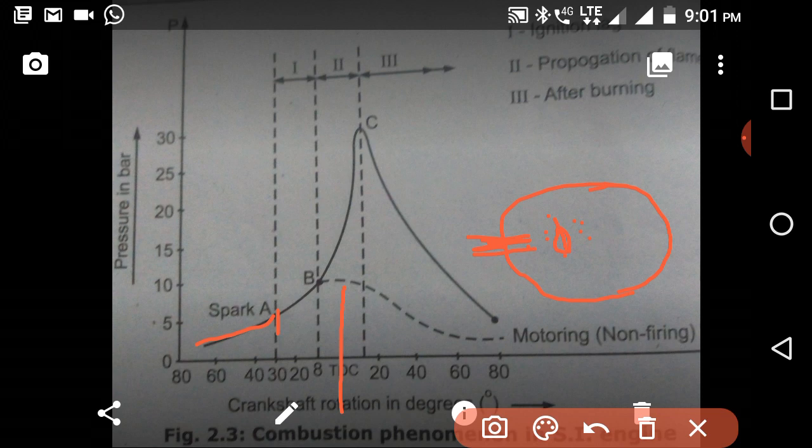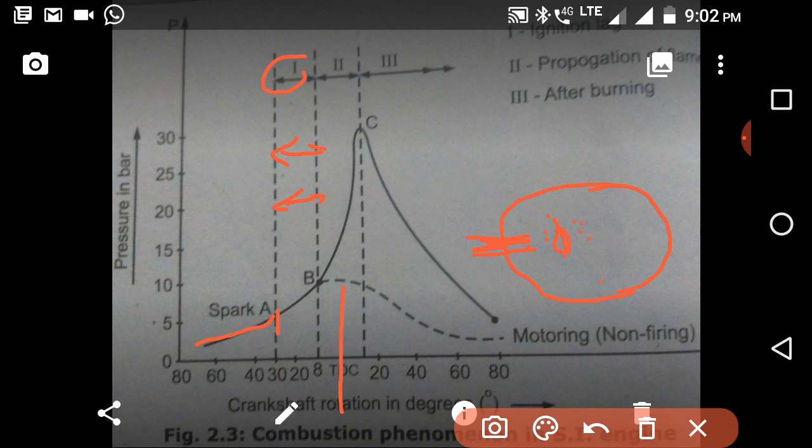And this is the first phase of combustion phenomena in the spark ignition engine. So this is the first phase of combustion phenomena in the spark ignition engine, and we are calling it the ignition lag or preparation phase.